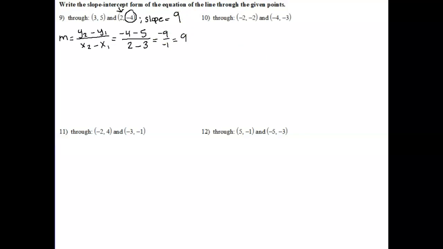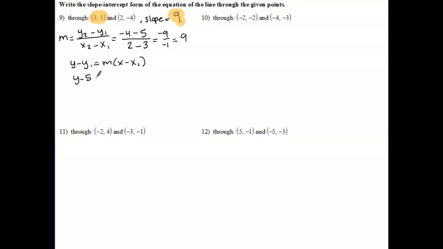So now that we have a slope and 2 points, we have enough information to repeat the process from the last slide. We actually have more than we need. So I'm going to pick just one of these points to pair with my slope, and I will write the equation. I like the one with all positive numbers, so I'll use that one. Y minus y1 equals m times x minus x1.